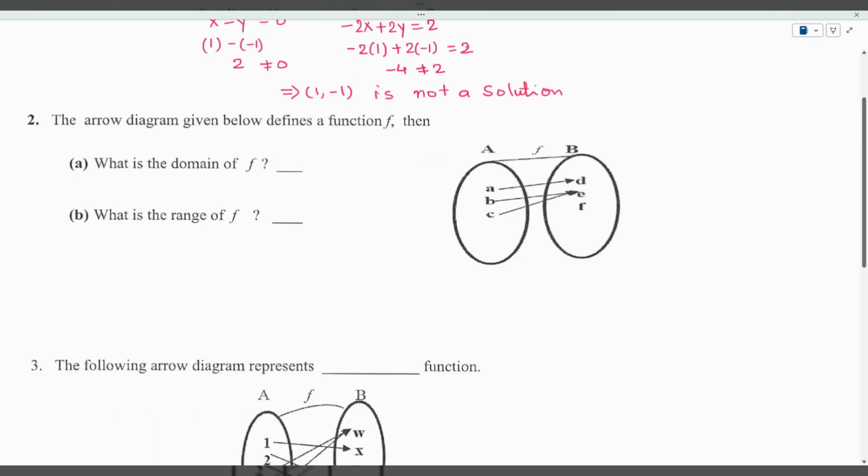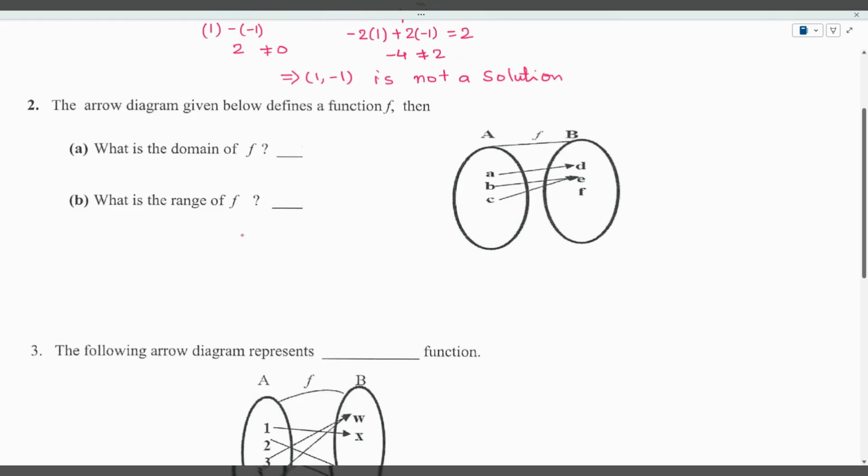Let us go to question number 2. The question says the arrow diagram given below defines a function. As you know, in a function, all input values are known as the domain and all output values are known as the range. If f defines a function, these are your inputs and these are your outputs.